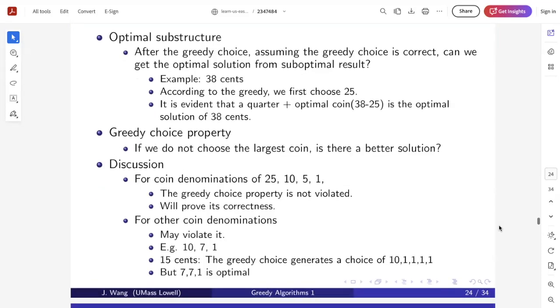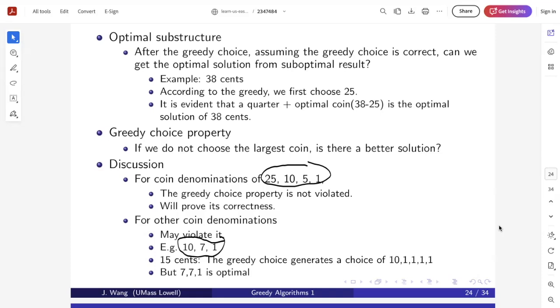Because we have this denomination system, 25, 10, 5, and 1, it works. However, if there is a strange system, such as a weird situation where the denominations of coins are 10 cents, 7 cents, and 1 cent, then our greedy choice will fail.